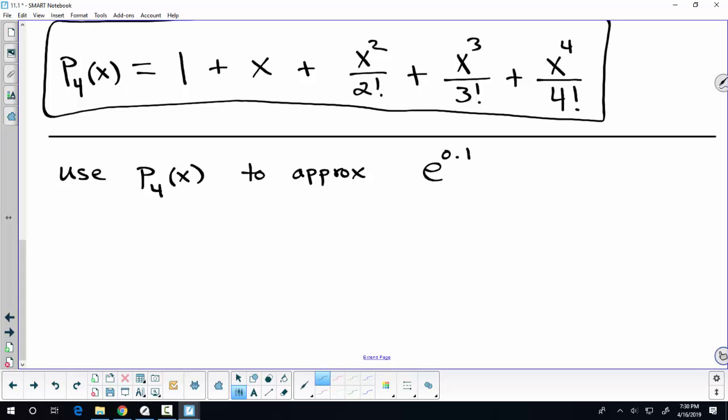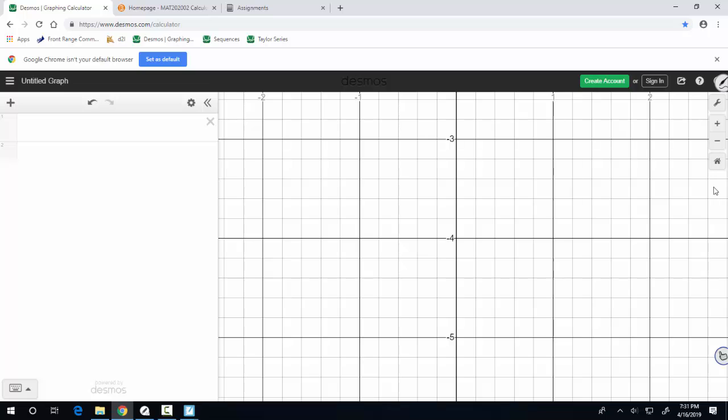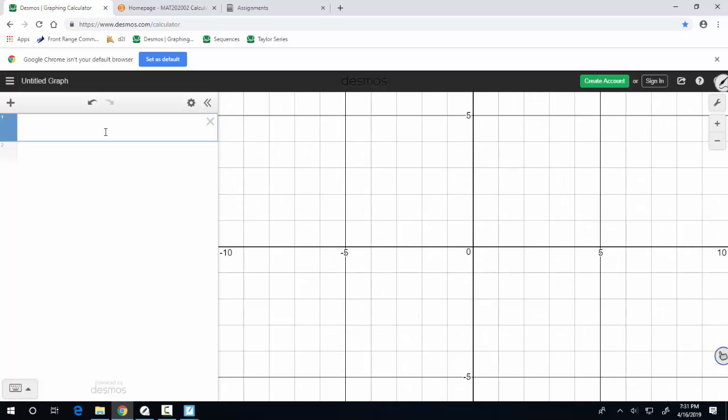Now, before we actually go through that process, let's compare the graph of e to the x to our fourth degree Taylor polynomial. Just like the second half of the question? Yeah, it's kind of like an addition to the question.